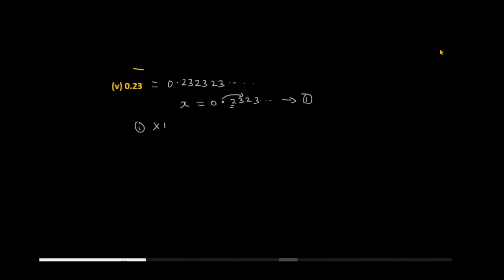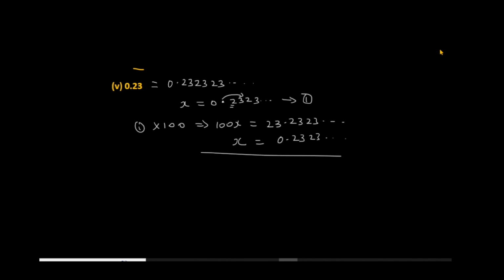The first equation is multiplied with 100, because two decimals are repeated here. 100x is equal to 23.2323 etc. And as it is, write x, because there also the decimal is 2323 etc.